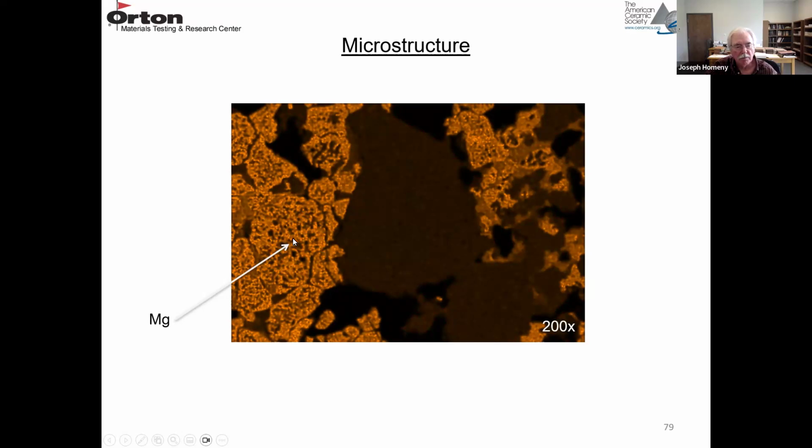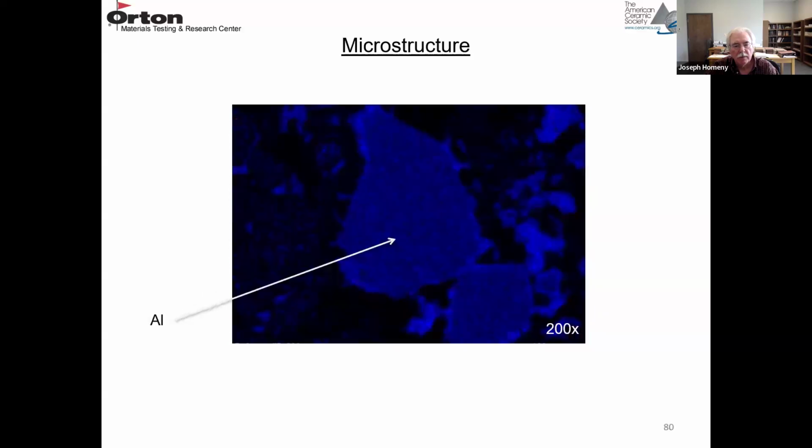That's the precipitate. Aluminum is in blue here. It's primarily concentrated in the chrome grains. You can easily make out, again, the two coarser chrome grains and some smaller ones.